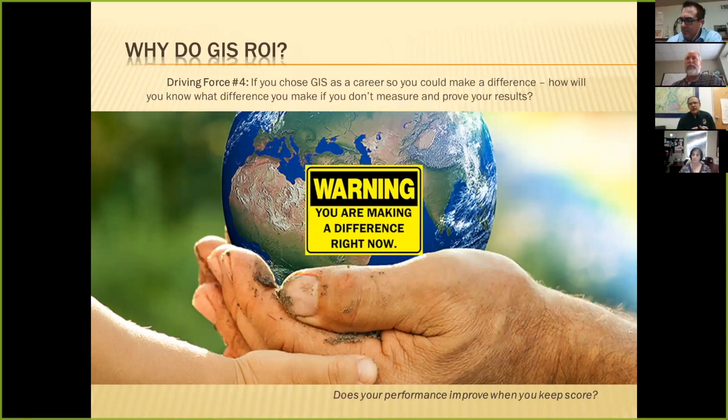Therefore, it only makes sense that we try to use this intrinsic motivation to prime our discovery of all the wonderful ways that GIS solutions produce meaningful outcomes, and then communicate that impact to our organizations in ways that leadership understands and appreciates.